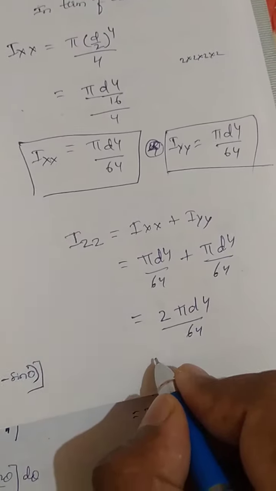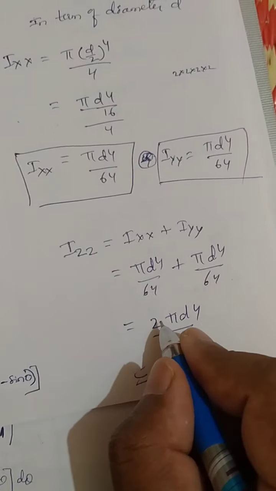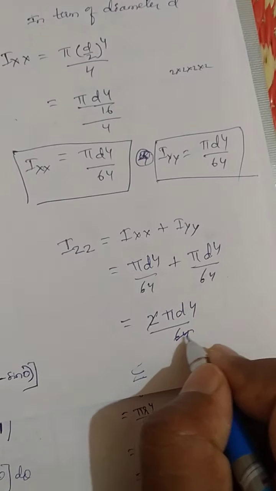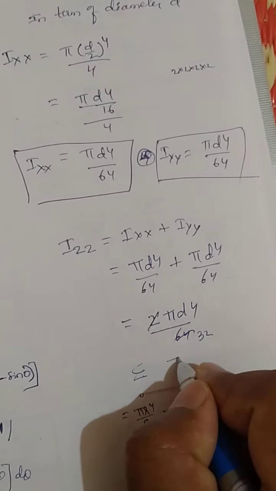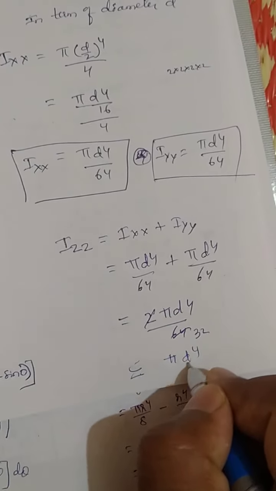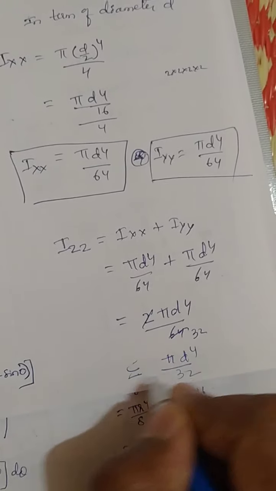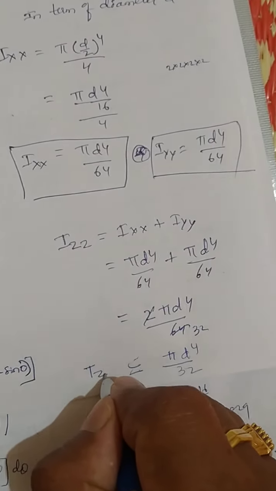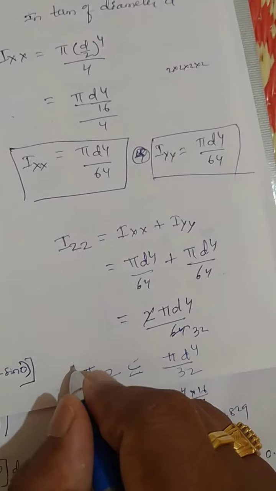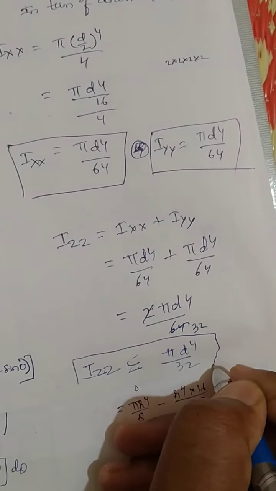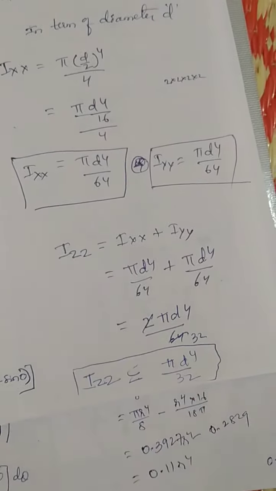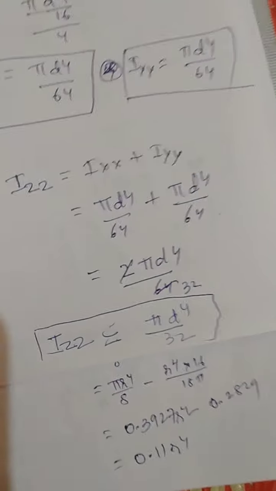This can also be written as, now look here, 2 ones are 2, 2 32s are 64, so pi d raised to 4 divided by 32 is Izz. The polar moment of inertia for a circle is given by pi d raised to 4 divided by 32.